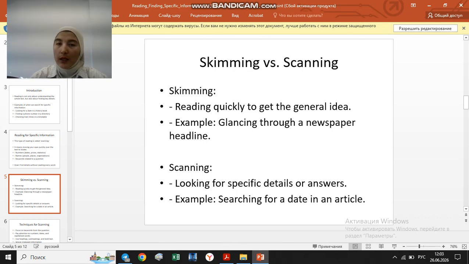You're not paying attention to a particular word or noun or number in the text, but you're going to get the whole idea, the main idea of the text. You may do this by glancing through a newspaper headline or subtitle, or reading in zigzag style. In this way you can do skimming activity.